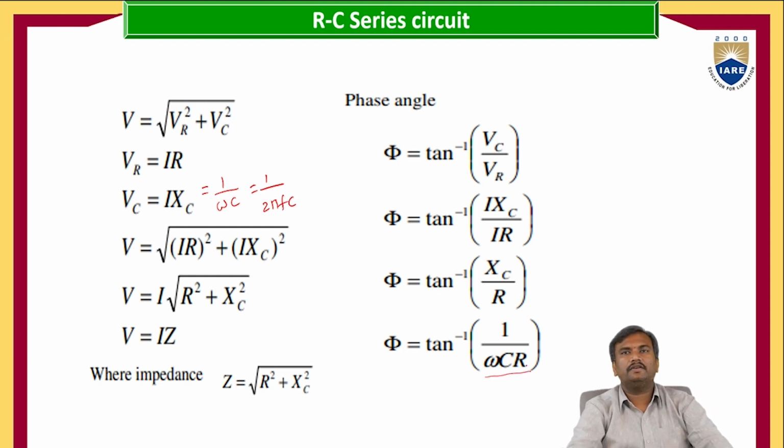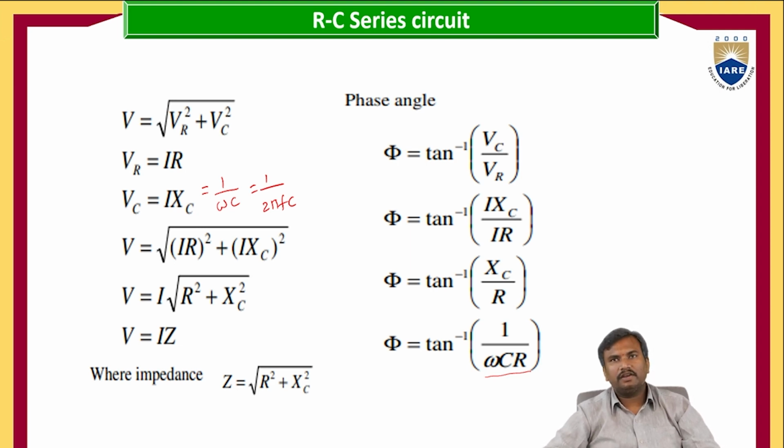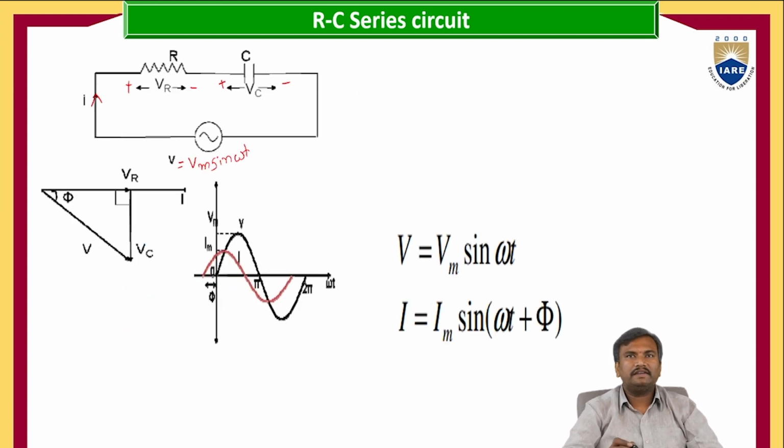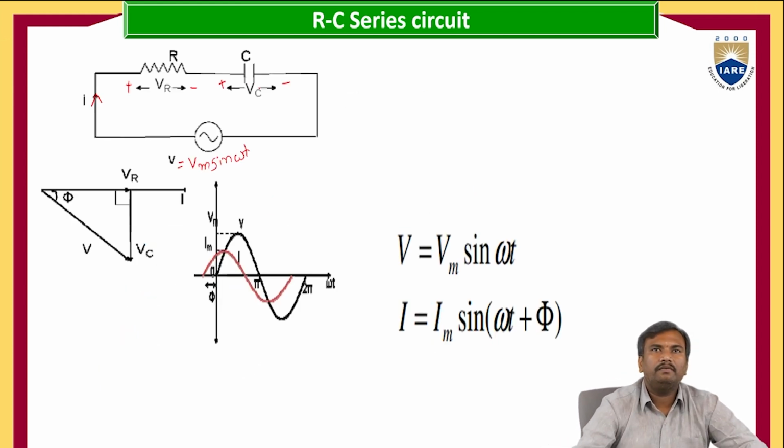This is the phi value, and here it is a capacitance, so the current will be leading, that is I equals Im sine omega t plus phi.